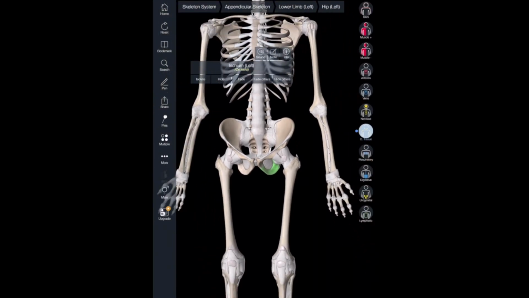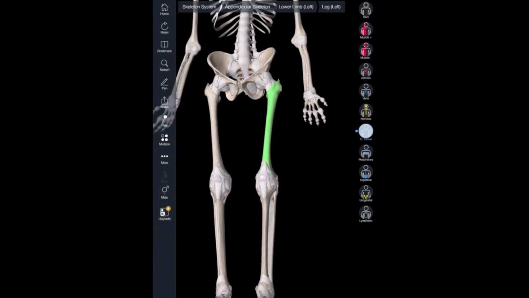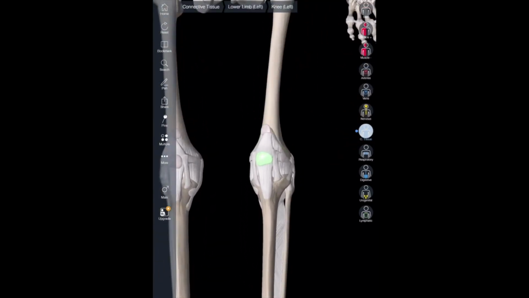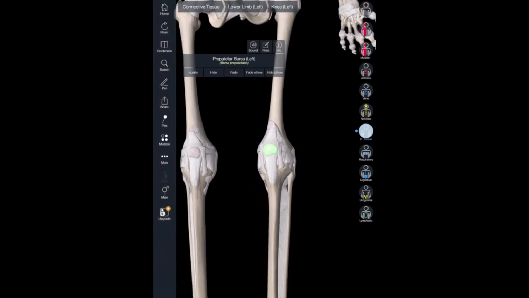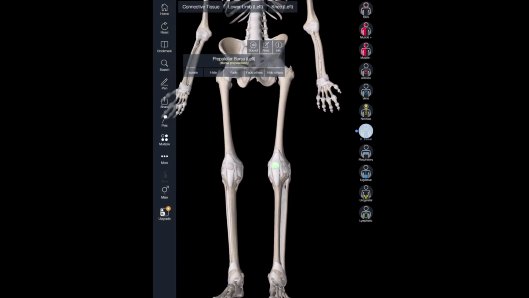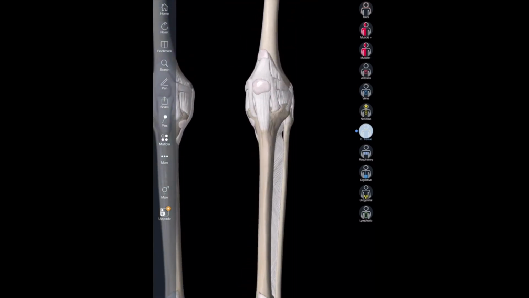How many bones are in the lower extremity? 1, the femur. Now in the lower extremity, we do count that patella. I didn't make up these rules. I'm sorry, guys. That's just how it is. So 1 femur, 2 tibia, 3 fibula, 4 patella.